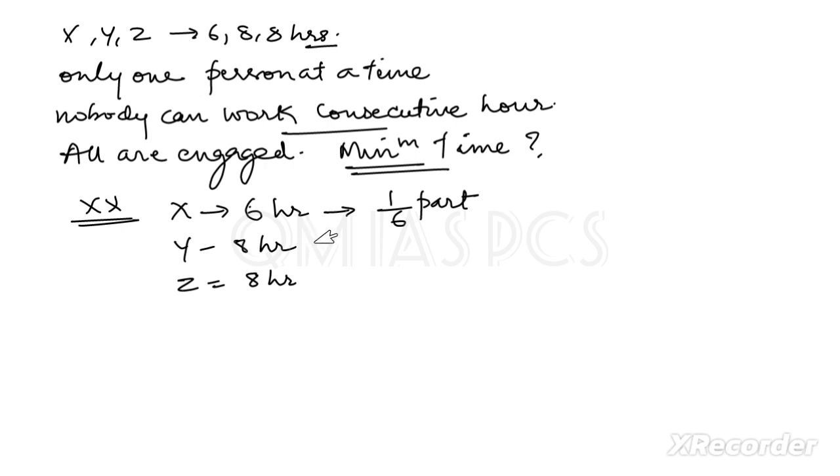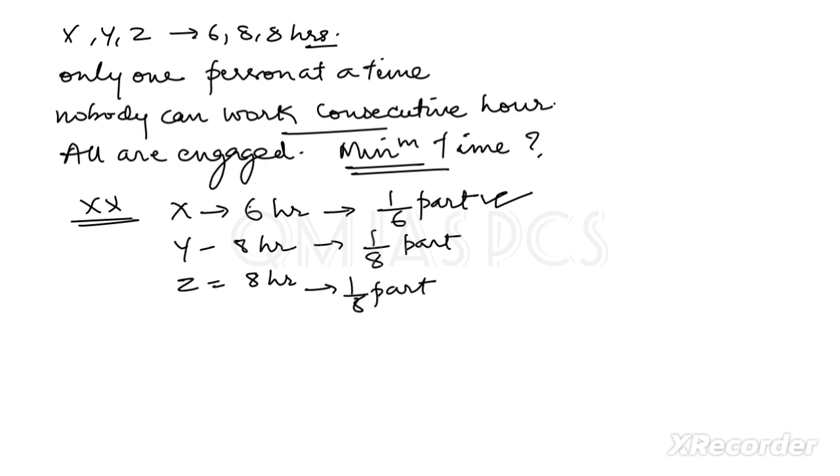Y will complete 1 by 8 part in 1 hour, and Z will also complete 1 by 8 part in 1 hour. If you look at this portion, you will understand that this part is more. That means the efficiency of X is more compared to Y and Z, and the efficiencies of Y and Z are the same. 1 by 8 and 1 by 8.